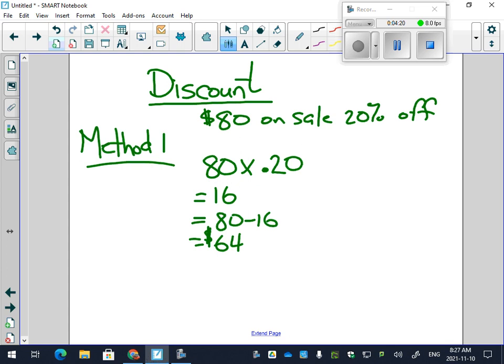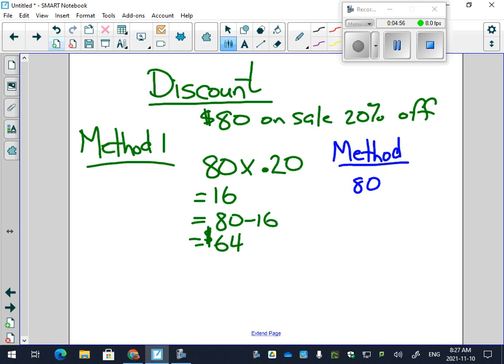So that's method 1. Method 2, again, very similar to what we did yesterday with sales tax, HST. Here's the trick. If it's $80, how much of it are we actually going to be paying for? If it's 20% off, we don't have to pay that 20%. We only have to pay 80% of the item. 100% minus 20% is 80%.